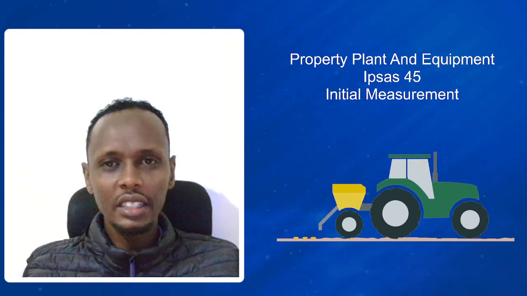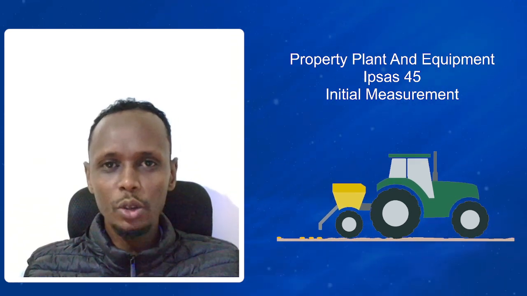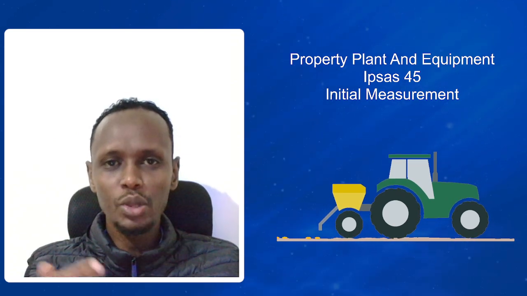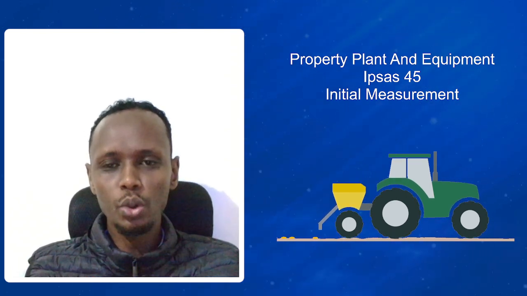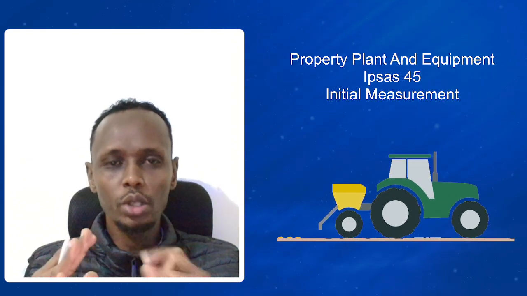What can we say is directly attributable cost? Suppose you have employees building that machine or building that house for you. If their specific job is to construct that, then it forms part of your direct cost.